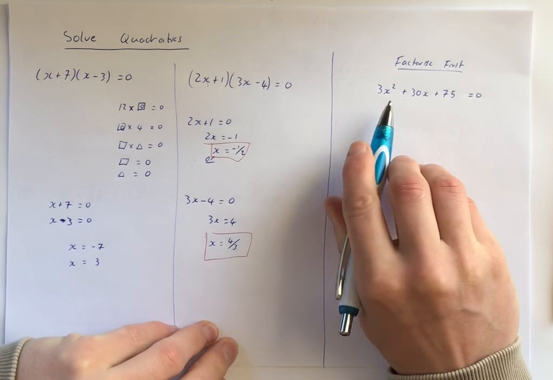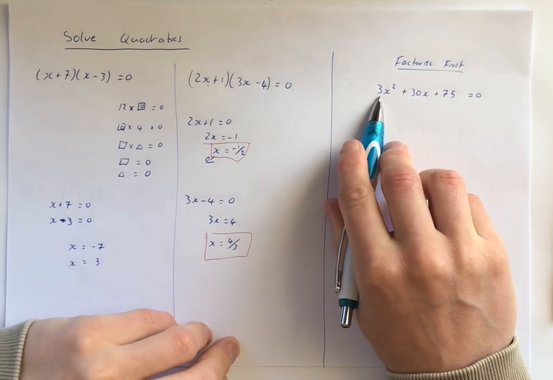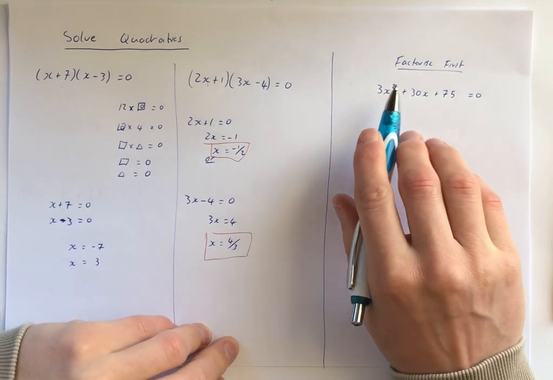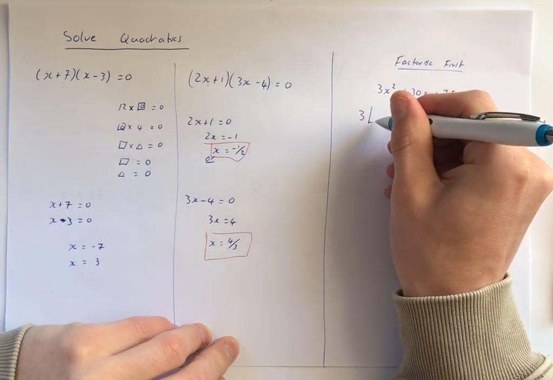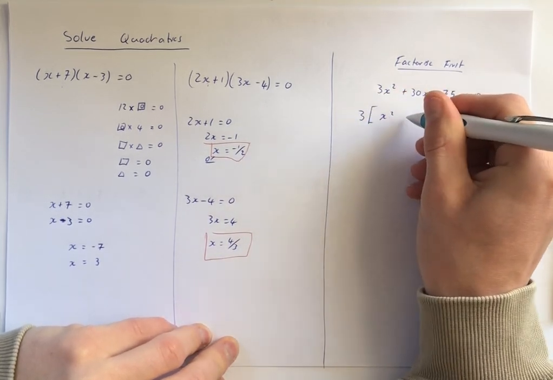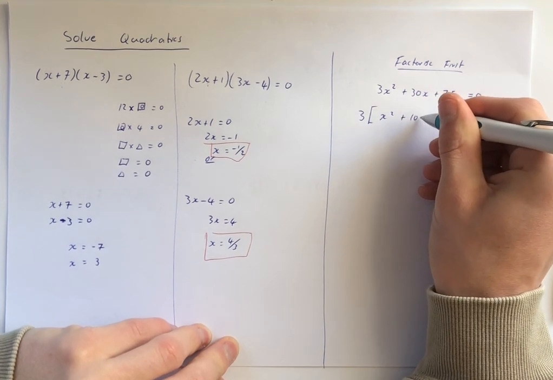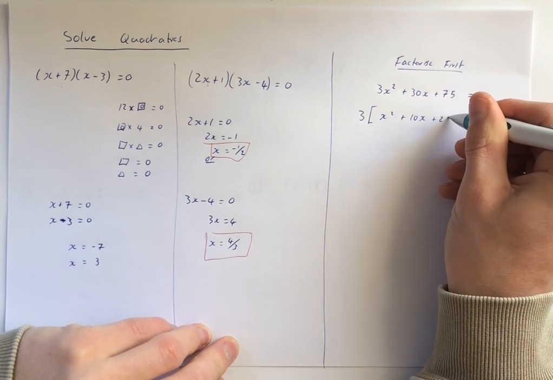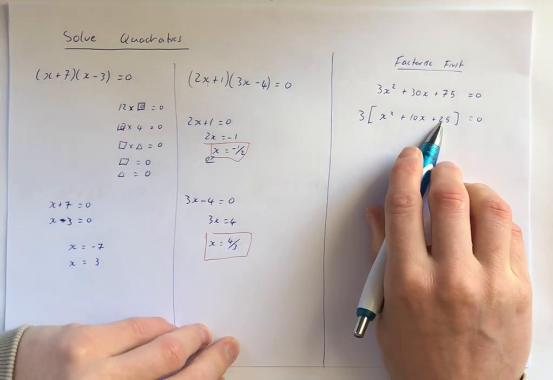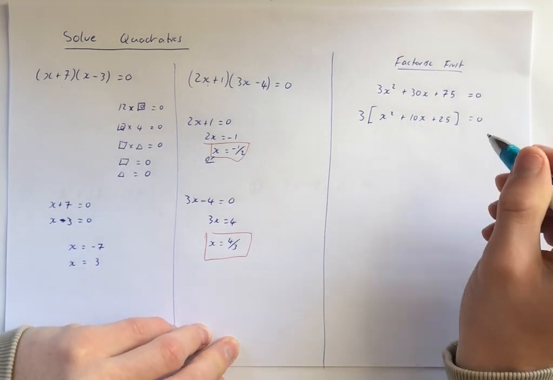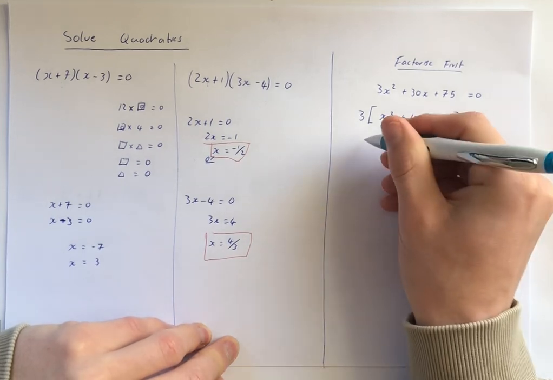First of all, I look, there's obviously a number greater than 1 out the front, so I check, is there a common factor? Yes, there is, a 3. So once that 3 comes out, we have x squared plus 10x plus 25. Now I'm thinking numbers that multiply to 25 and add to 10. Oh, 5 and 5.